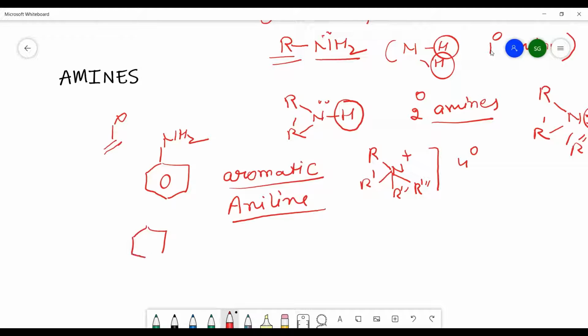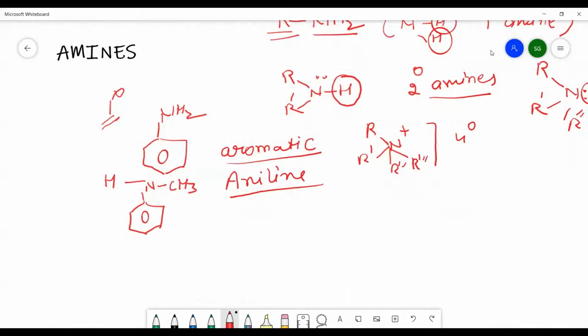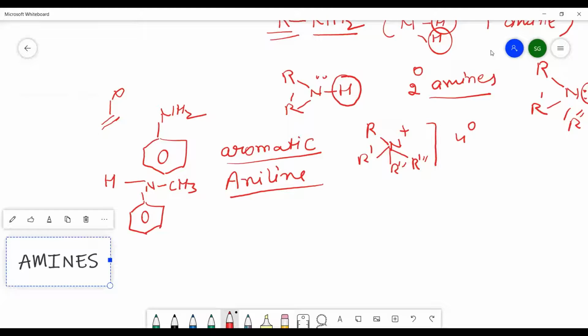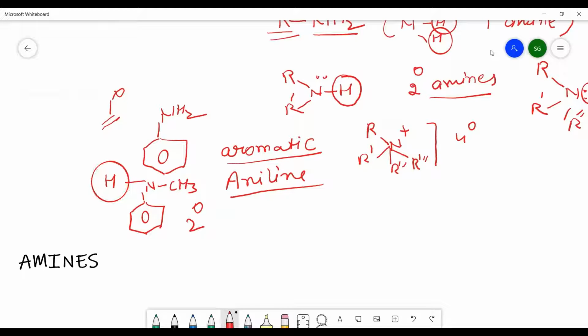If there are substituted amines, whenever we replace a hydrogen of the nitrogen atom in this manner, there is a formation of a secondary aromatic amine, because there is one hydrogen atom and the two alkyl groups are present in this manner.